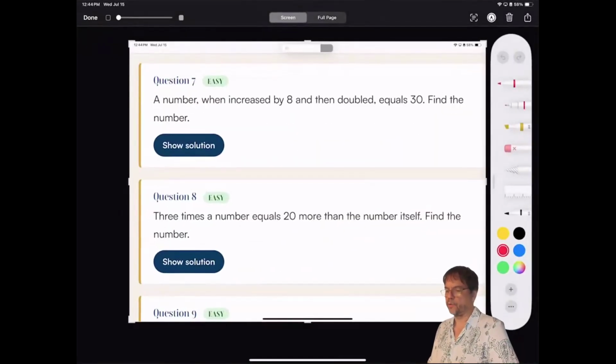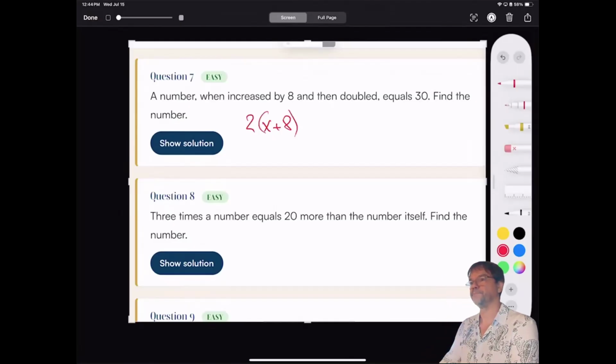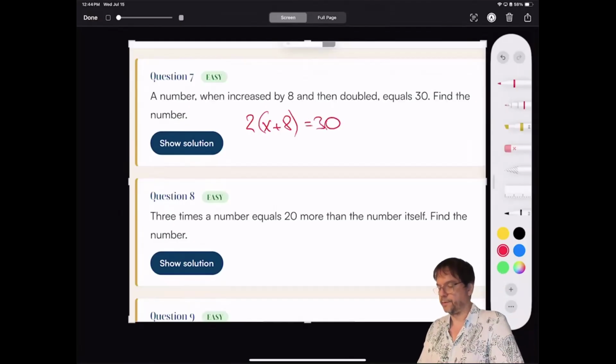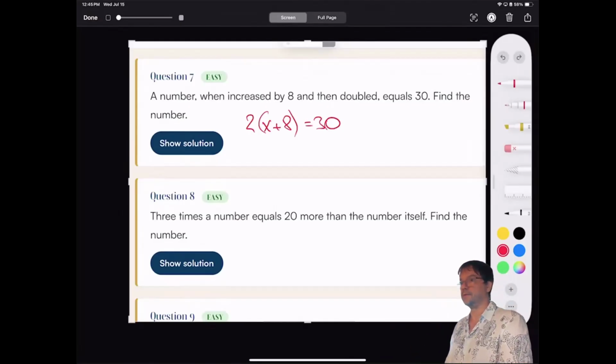A number when increased by 8 and then doubled equals 30. So first you increase by 8, then double. You need to put parentheses. Do you agree?